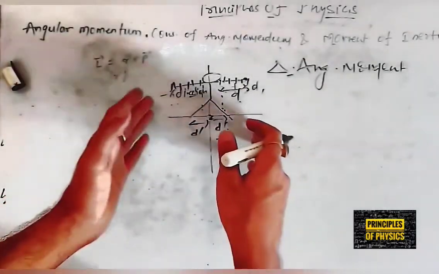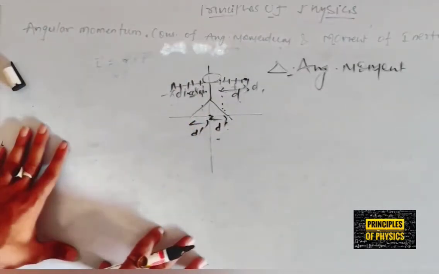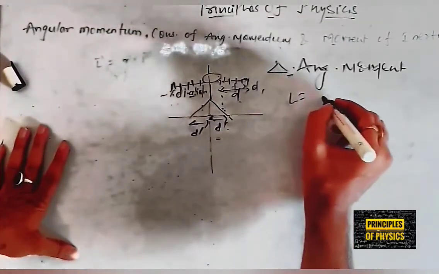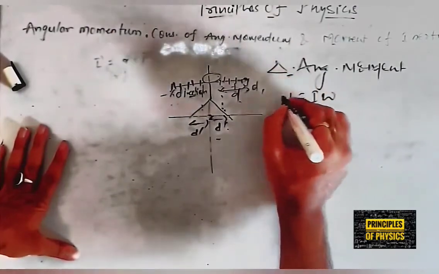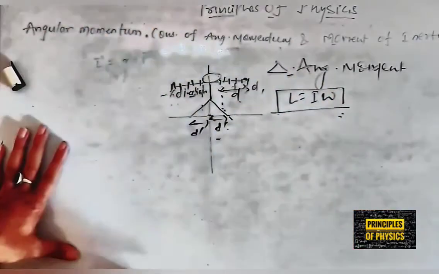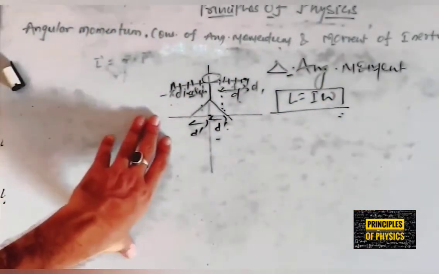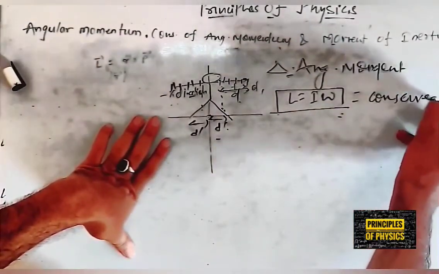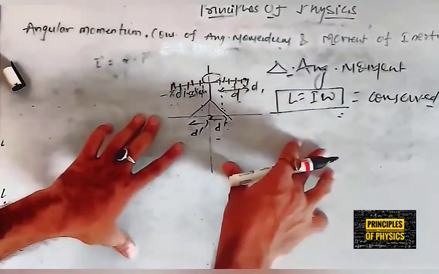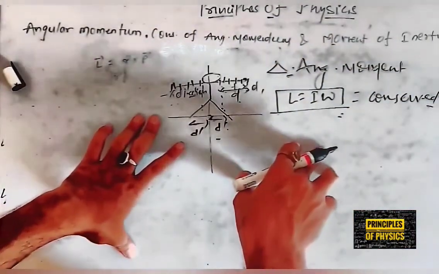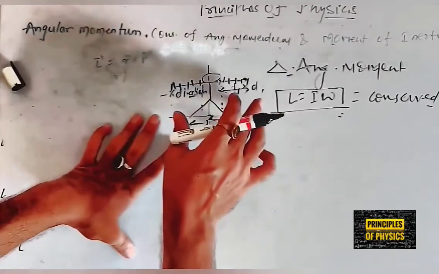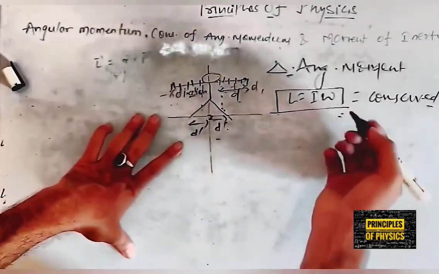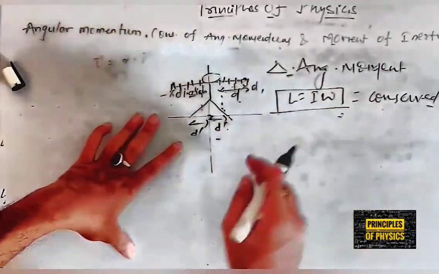So the moment of inertia from both sides decreases. Angular momentum is L equals I omega, and no external torque is acting, so it must be conserved. So for the system to remain conserved, there should be a change in the angular velocity. We have to find whether it will increase or decrease.